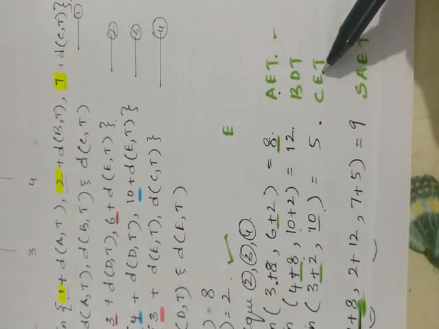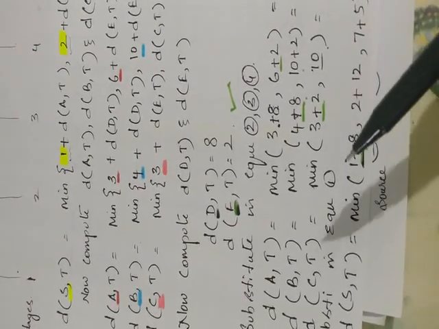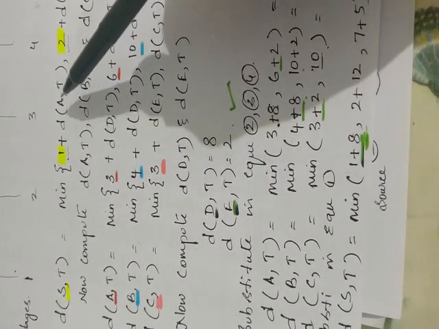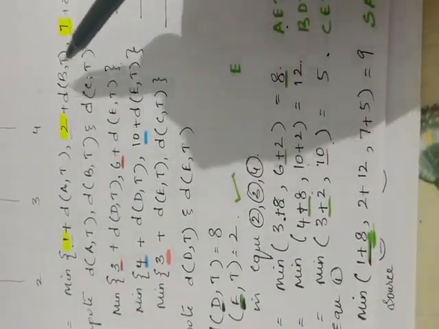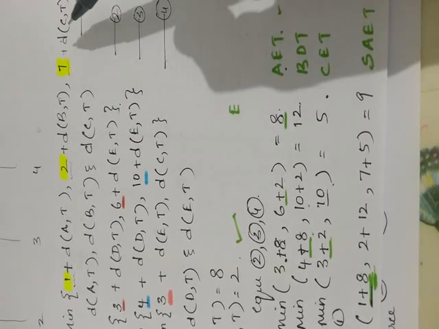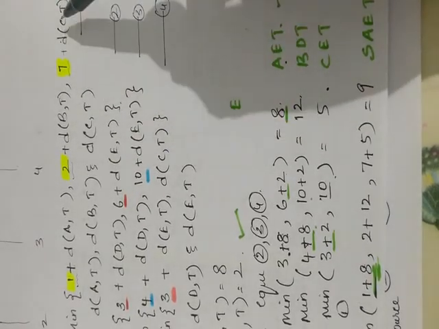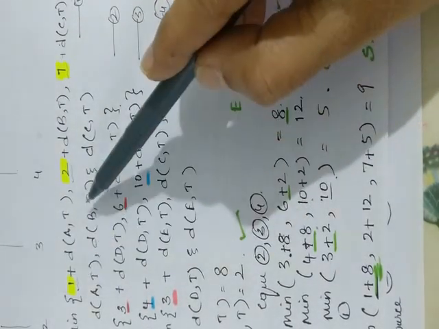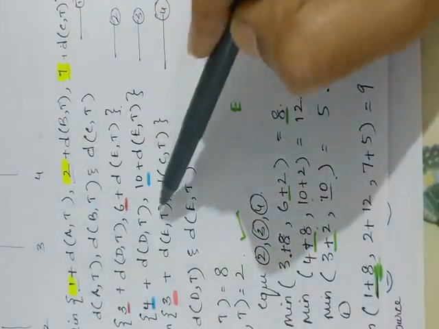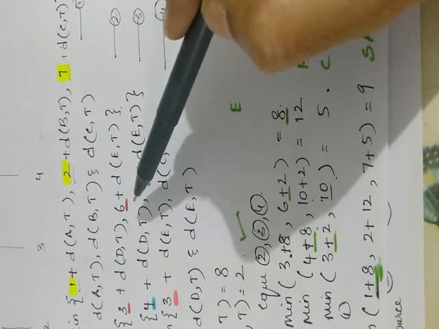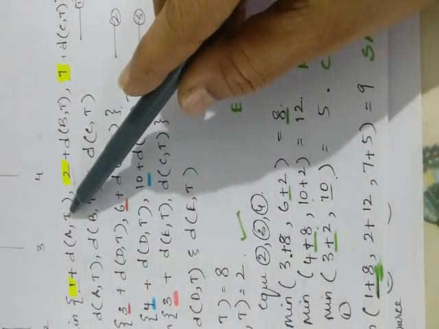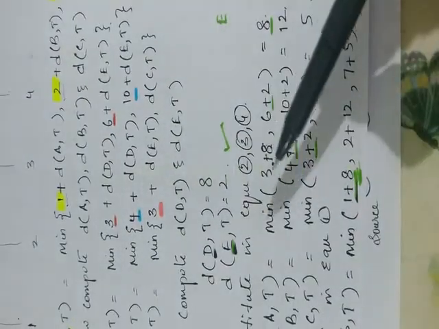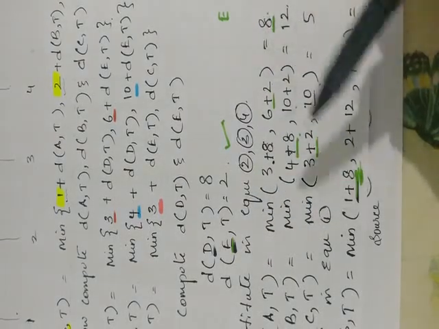Now let me substitute it in the main equation. First we had 1 plus D of A to T, 2 plus D of B to T and 7 plus D of C to T. This was our equation 1. And we had computed separately A to T, B to T and C to T. After computing we got the values. These values we will substitute in this equation. So if you substitute, what is A to T? It is 8. So I will be substituting that 8, 1 plus 8.